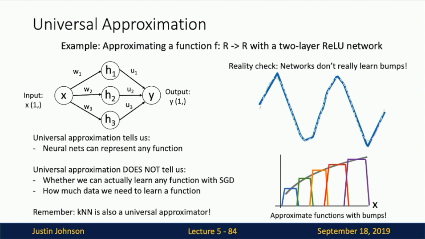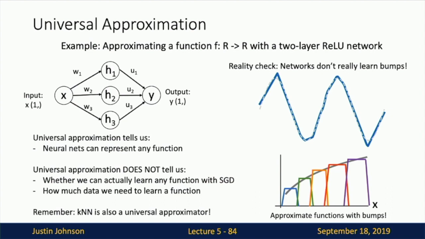So now we've talked about a lot of good reasons why and how neural networks can be more powerful and more flexibly represent functions compared to linear models. But we have not really talked about the optimization process. Universal approximation tells us that there exist values of the weights that can represent lots of functions, but it doesn't tell us how to find them.